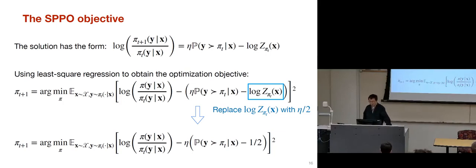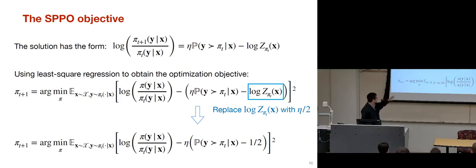So we propose to just choose this log partition function equal to eta times 1/2, because this is the value of this quantity when the algorithm converges. And based on this choice of log partition function, we end up with the last formula in this slide, which is the objective function for this self-play preference optimization.